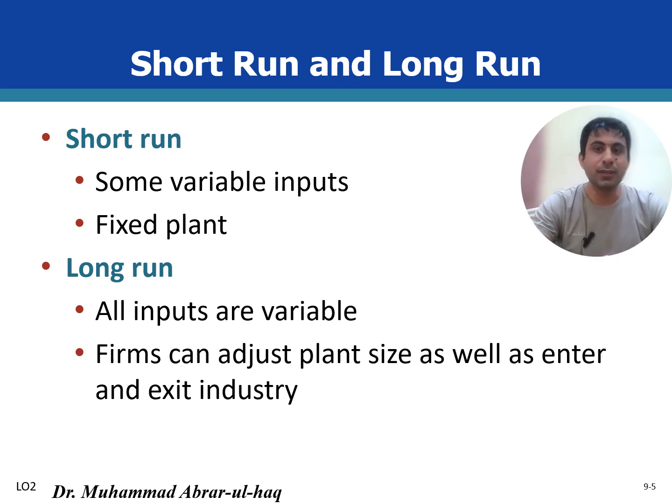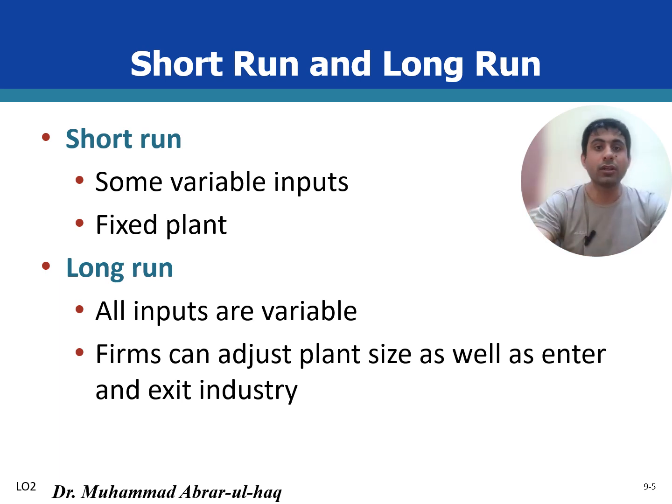During this period, firms can adjust only some inputs, such as labor or raw materials, to respond to changes in the production level or market demand. So this results in fixed cost and variable cost, where the fixed costs remain constant regardless of output, and the variable costs fluctuate with the level of production.